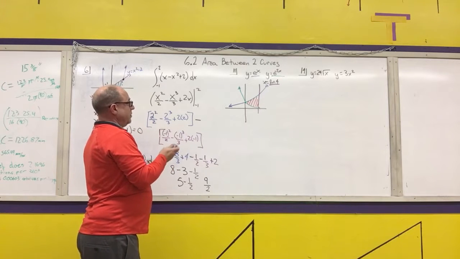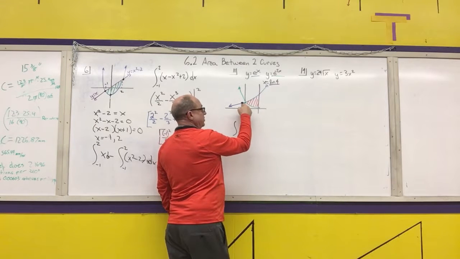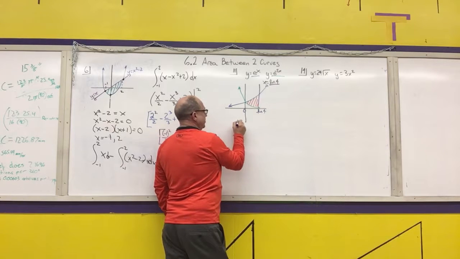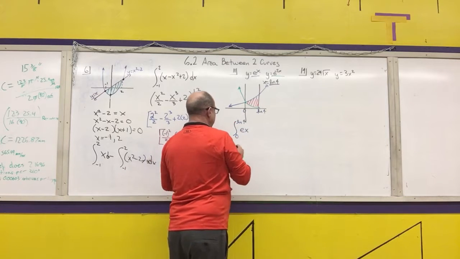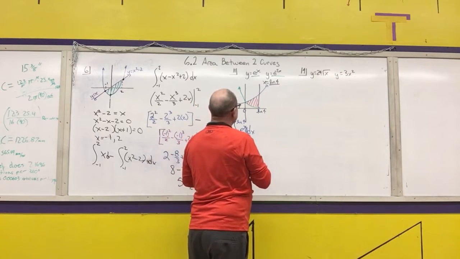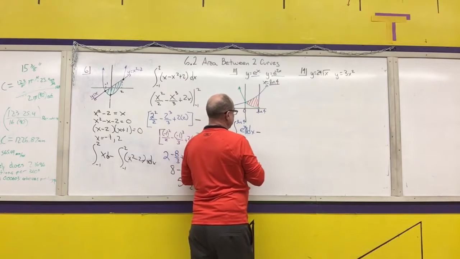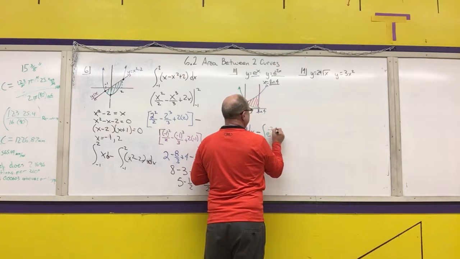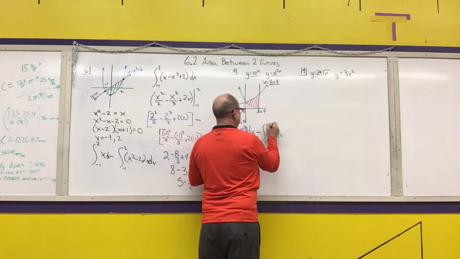So I can write my function as the integral from, well, x equals 0 to the natural log of 4 of the top curve, e to the x dx, minus the integral of e to the negative 2x dx from 0 to the natural log of 4.